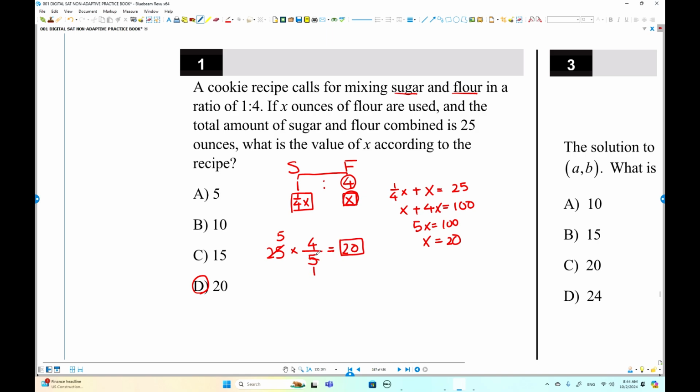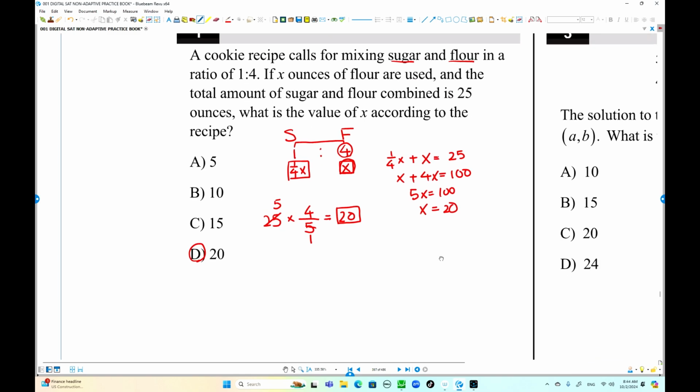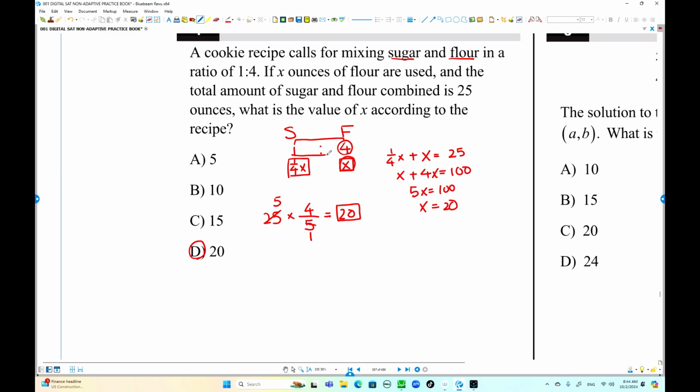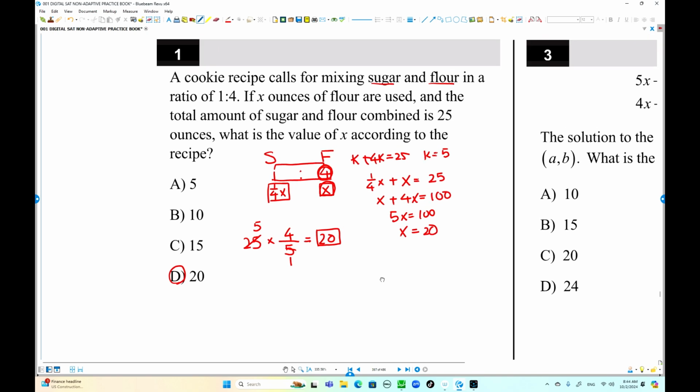And also you can use the ratio, right? If this is k, the other one is 4k, right? When these two add up to 25, k equals 5. Okay, but this flour is 4 times k, right? So 20. There are several ways to solve the equation, okay?